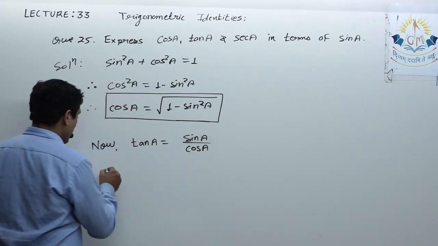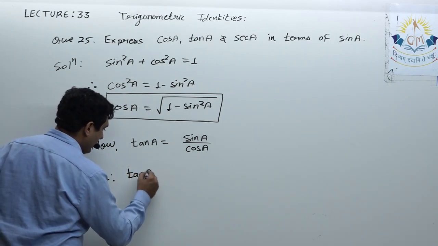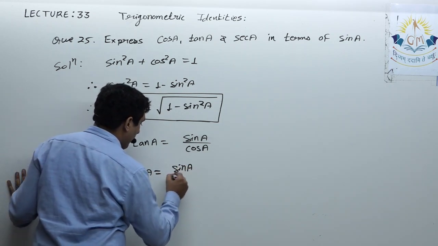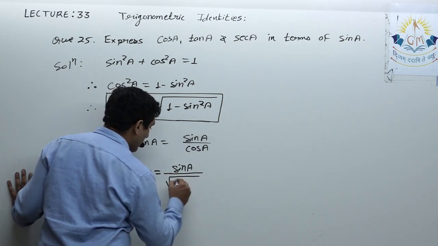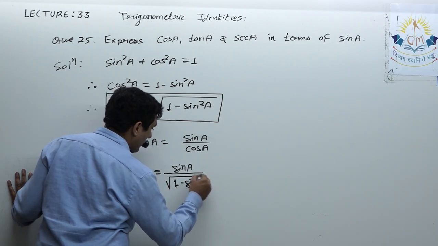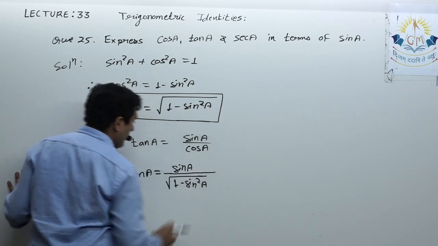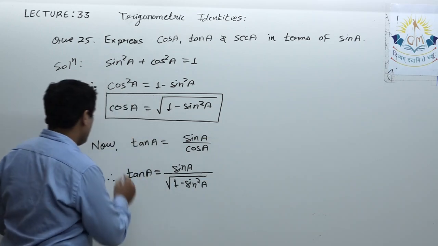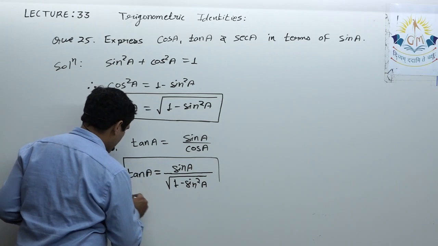Therefore tan a is equal to sine a upon square root of 1 minus sine square a. So this is tan a in terms of sine a.